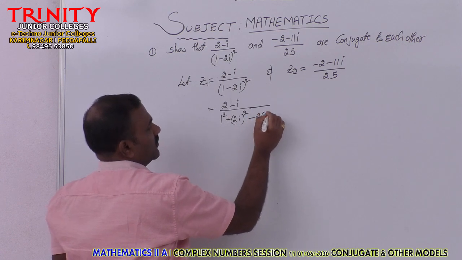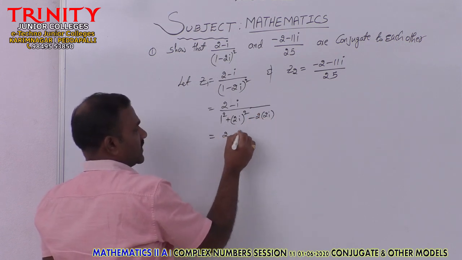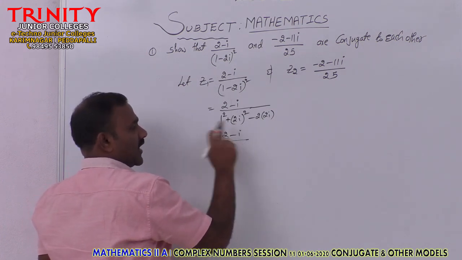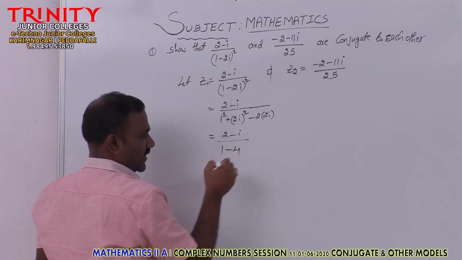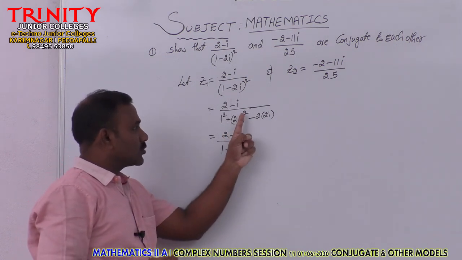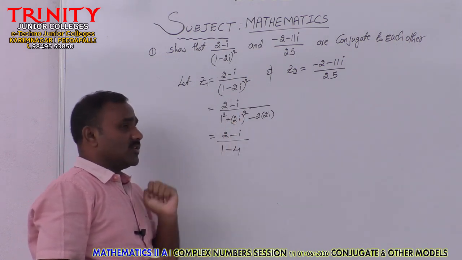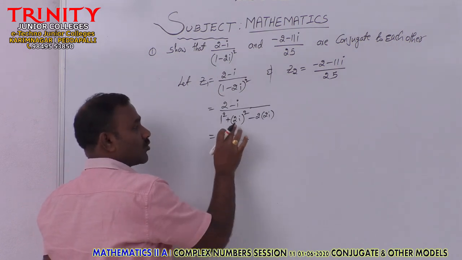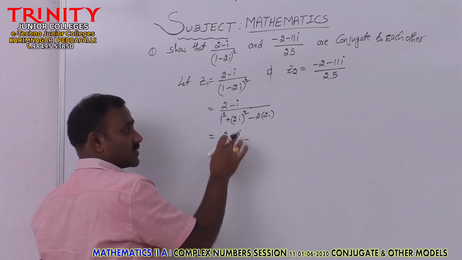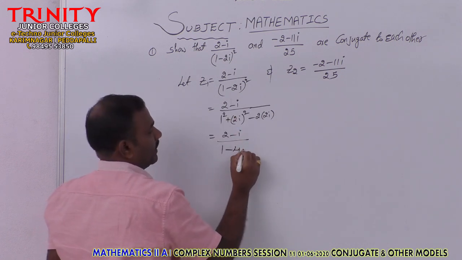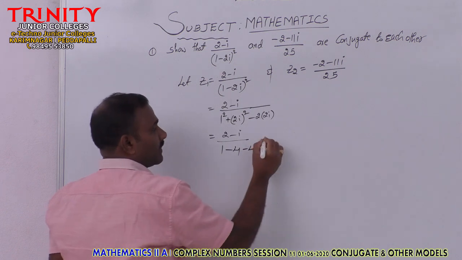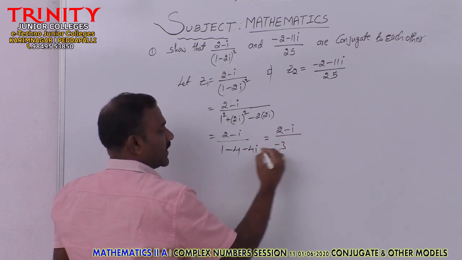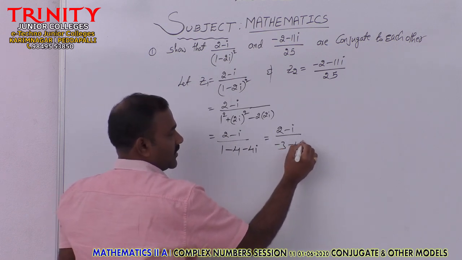So it is 1 square plus 2 square i square minus 2 into 1 into 2i. 2 square i square: what is the value of i square? That is minus 1. So i square value minus 1 times 2 square value 4, that's why minus 4. Minus 4i. This is equivalent to (2 minus i) by (minus 3 minus 4i).